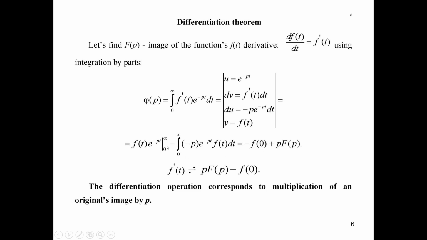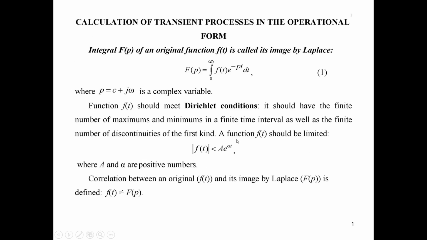and with minus because it's the lower limit, so minus phi from 0 from this part. And here you see phi from t multiplied by e to the minus pt, it's just the designation of phi from p. It's the image by Laplace of this function phi from t.